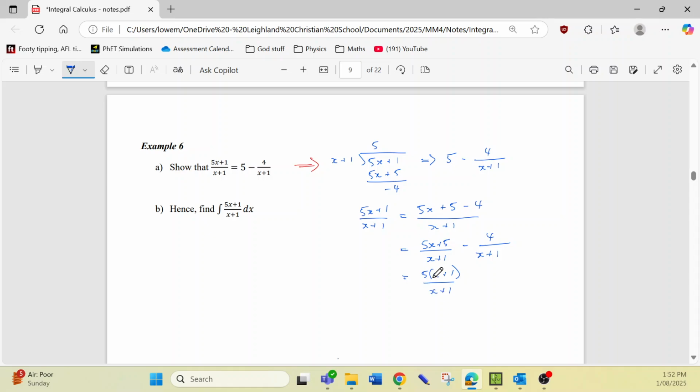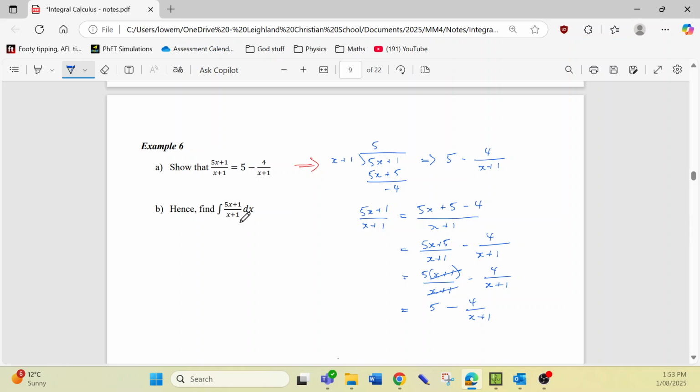That actually allows those two expressions, the x plus 1, to cancel out. And we're just left with 5. So that gives us 5 minus 4 over x plus 1. So that's another way you could work through that, which is perfectly legitimate. It's just an algebraic manipulation. Either of those is fine.